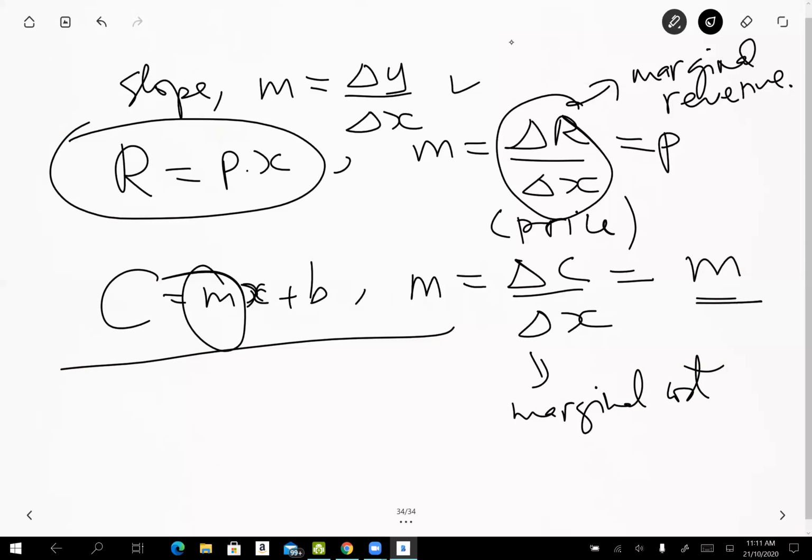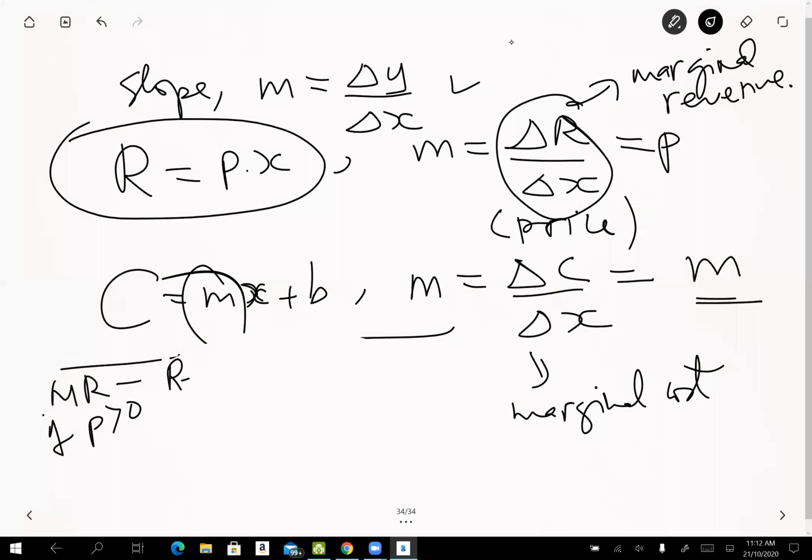So the marginal revenue, what does it mean? It means the change in R. Let's say the price is P, and of course the price is bigger than 0.